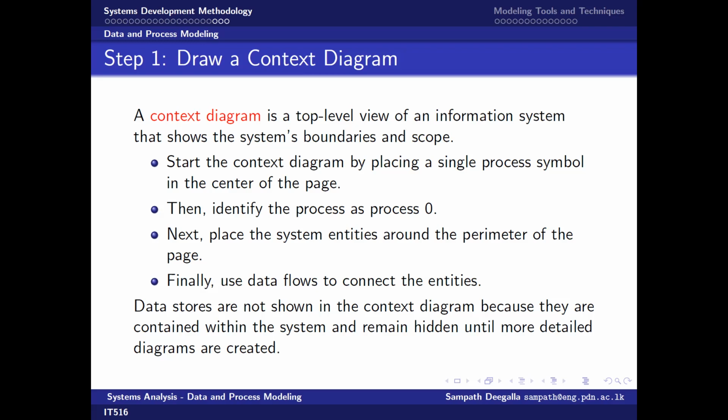Then there are definitely entities around this, and you can specify all the entities in the perimeter of the page. And finally, we can use data flows to connect to the entities, right?